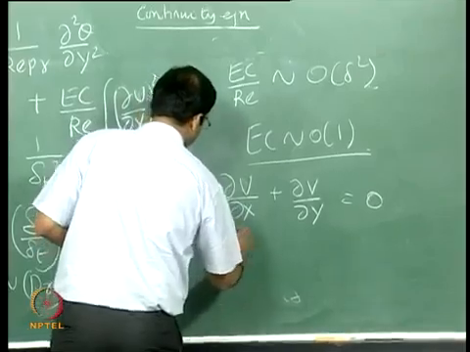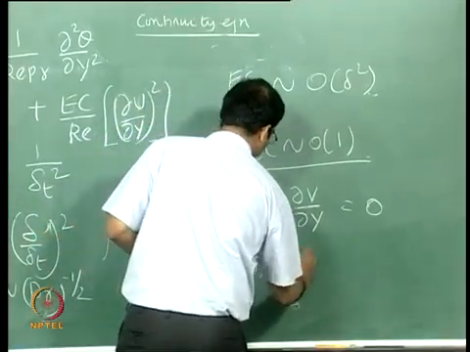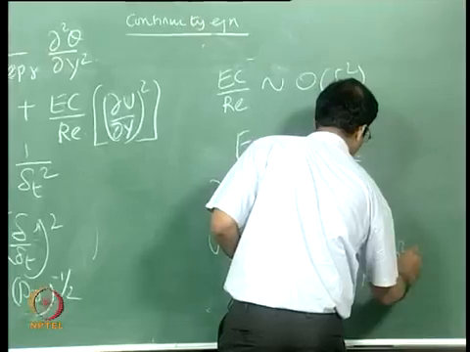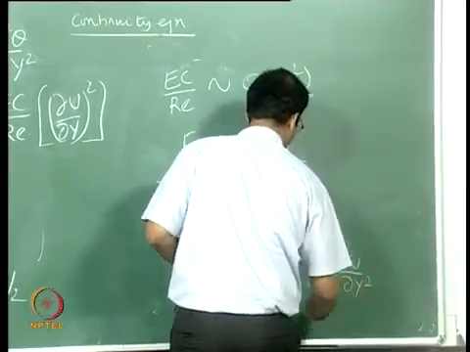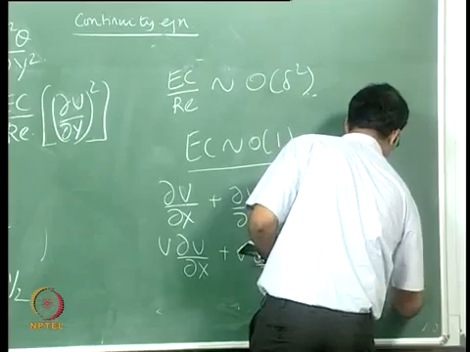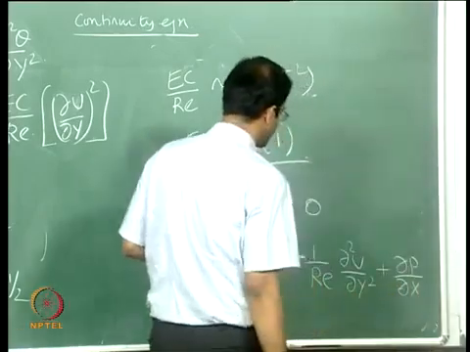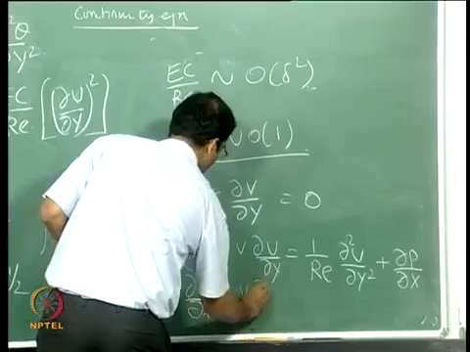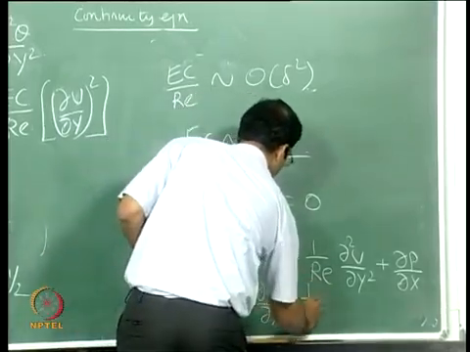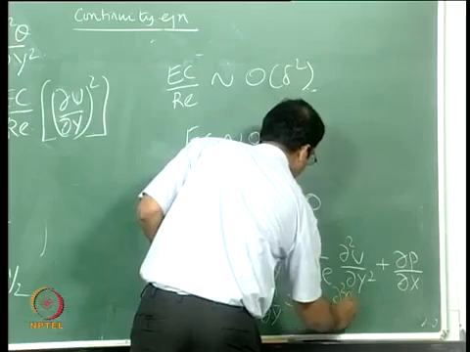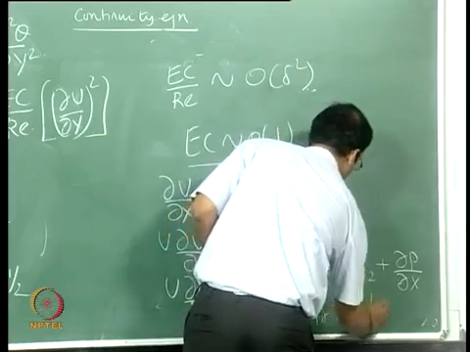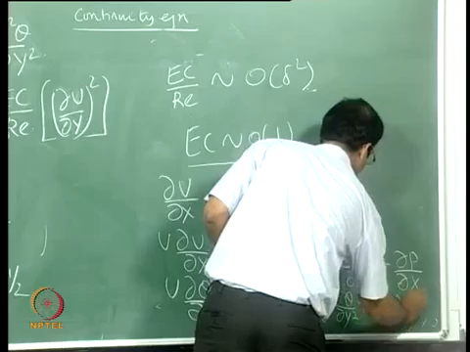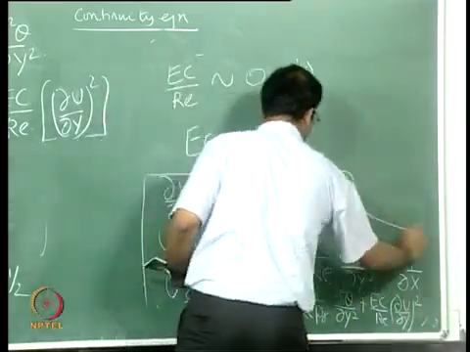So your x momentum equation: of course for a flat plate you won't have the pressure term, but for favorable and adverse pressure gradients you can have dp dx, and your energy equation. So these are called the boundary layer equations.